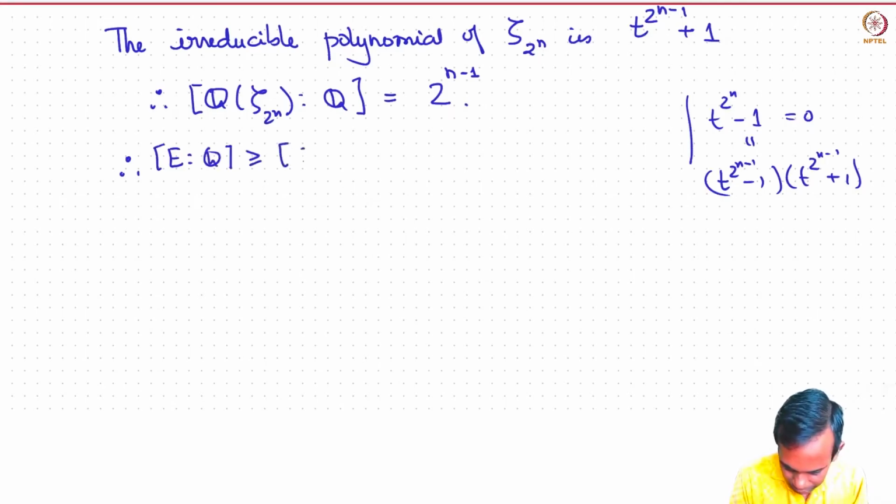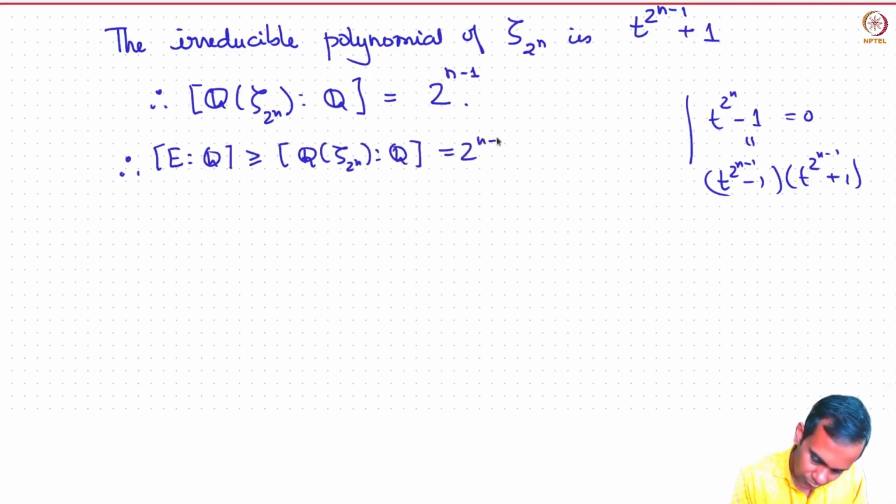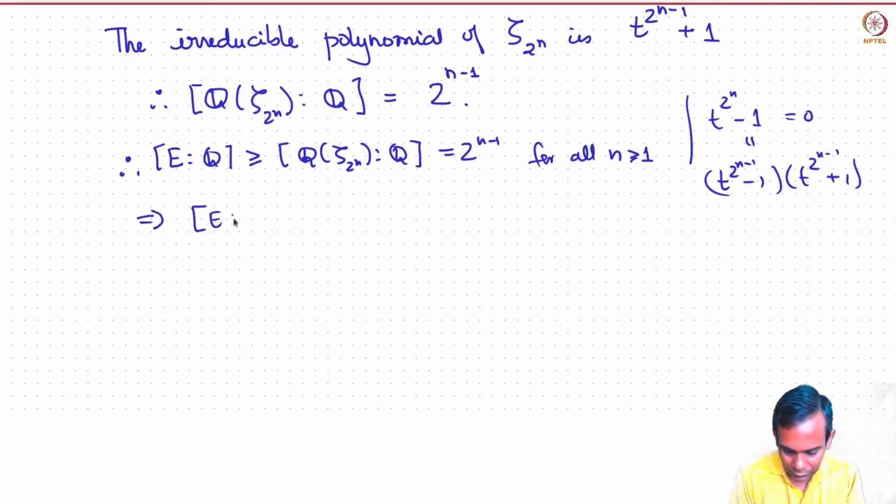So its degree over Q is greater than this, which is 2^{n-1}, but this is true for all n greater than or equal to 1, which implies that the degree of E over Q has to be infinity.